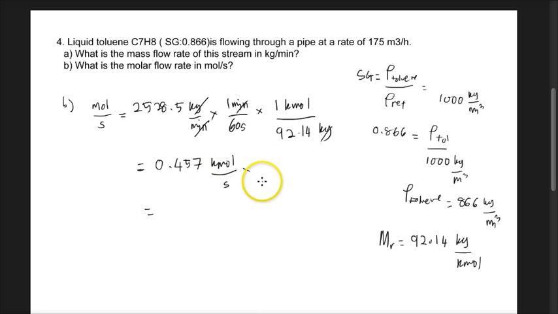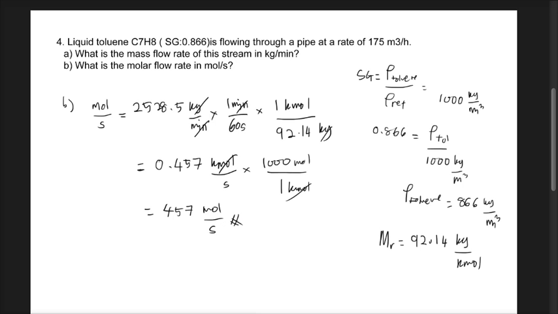So we can cancel that out, and we end up with 457 mole per second. Alright, so that's question 4.